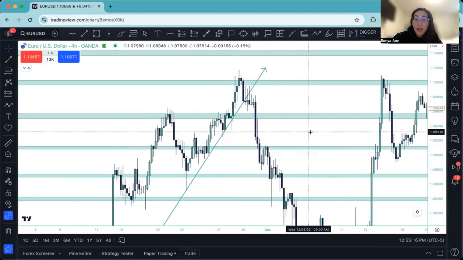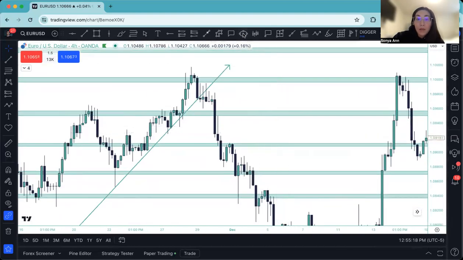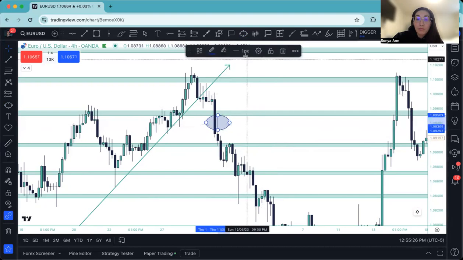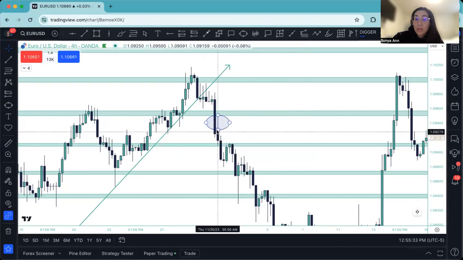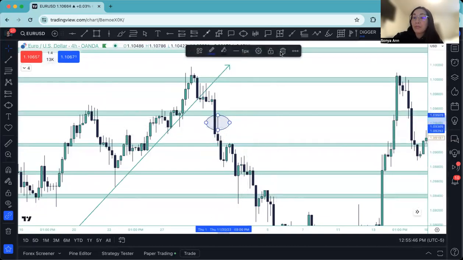Do you see how right here, that long wick in there was the retest? It came back up, retested the zone it just broke out of, and you could have gotten in right after that. That would have been your retest.